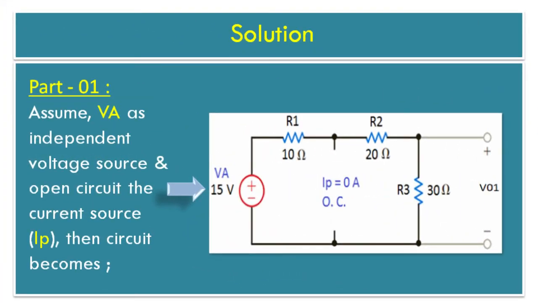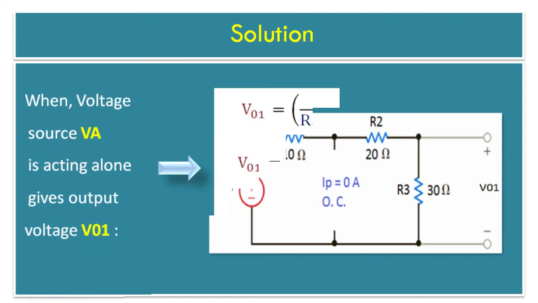Solution part 1. Assume voltage source VA as the independent voltage source and open circuit the current source IP. Then the circuit becomes, let's see the circuit diagram. We have replaced current source IP with an open circuit, meaning current IP is equal to 0 ampere.